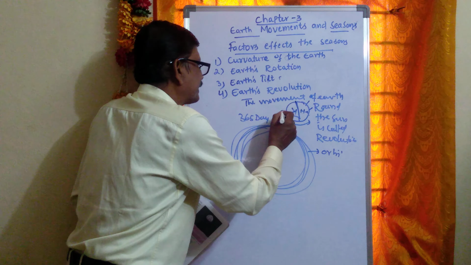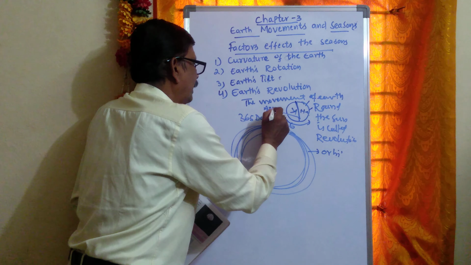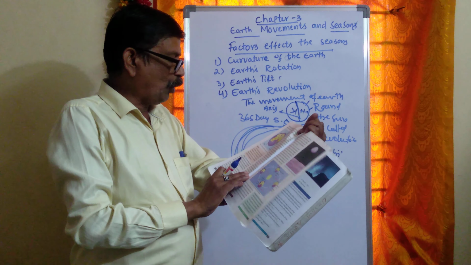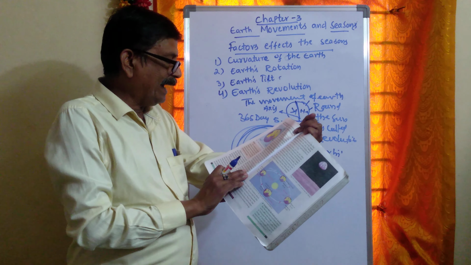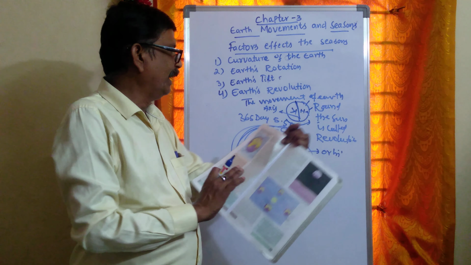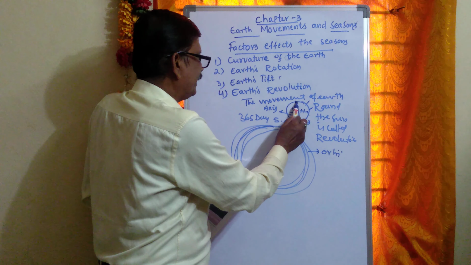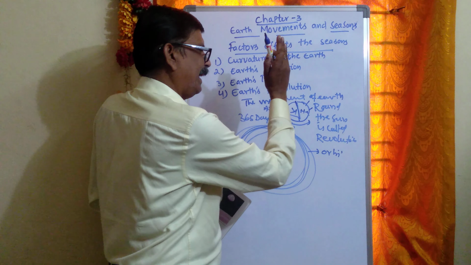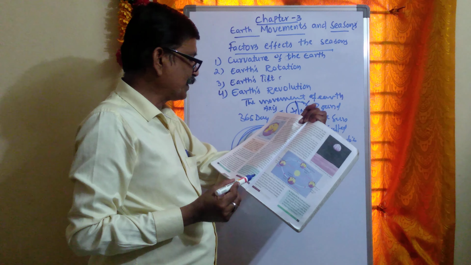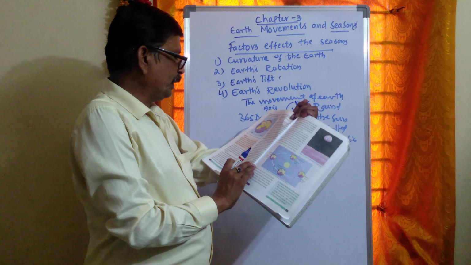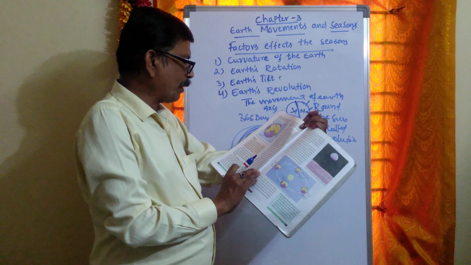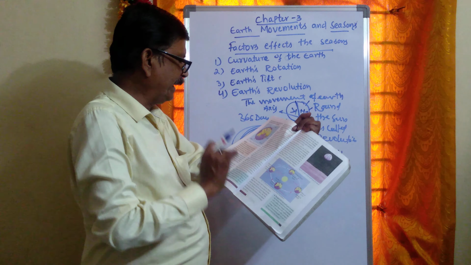This is the axis. This is called the orbital plane. The earth's axis of rotation does not stand vertical at 90 degrees. The earth does not stand in a vertical position, and it inclines on this plane, so as to form a 66.5 degree angle.